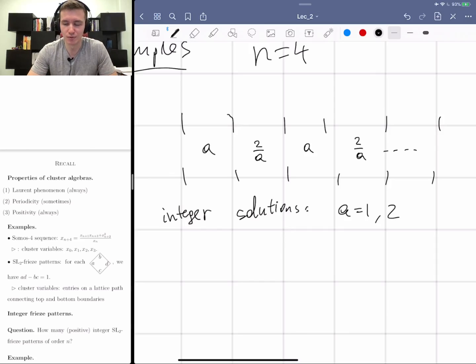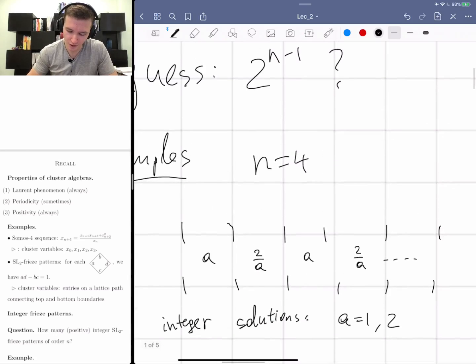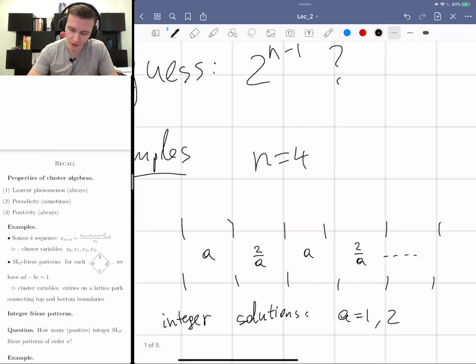So that's a power of 2. Maybe not 2 to the n minus 1, but basically I either choose a cluster that goes like this, or it goes like this.